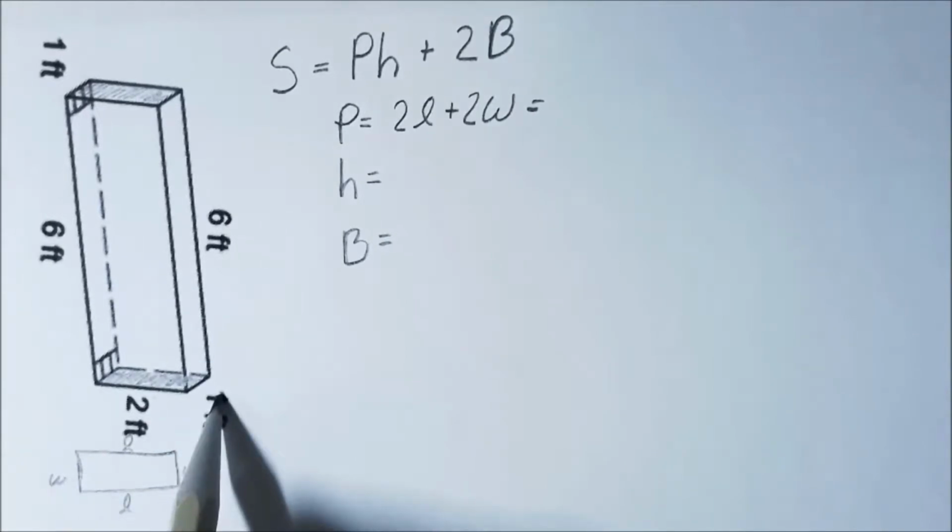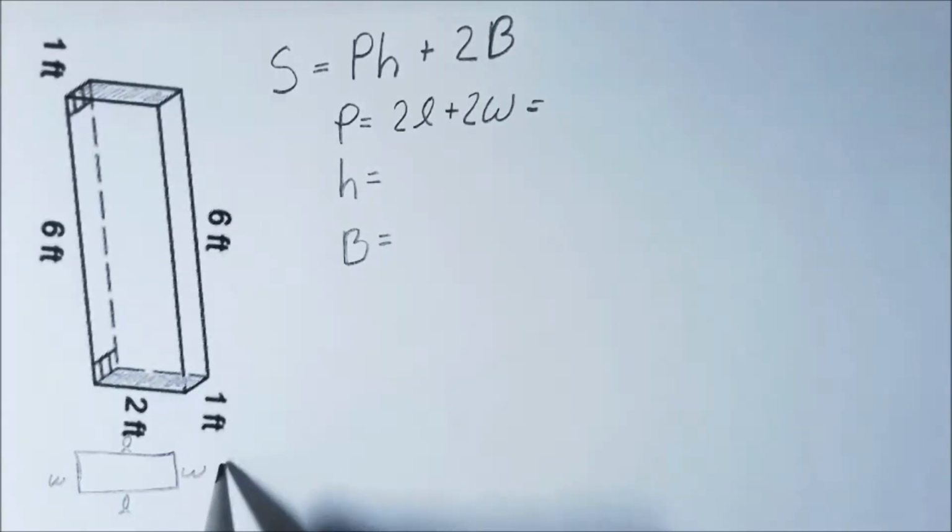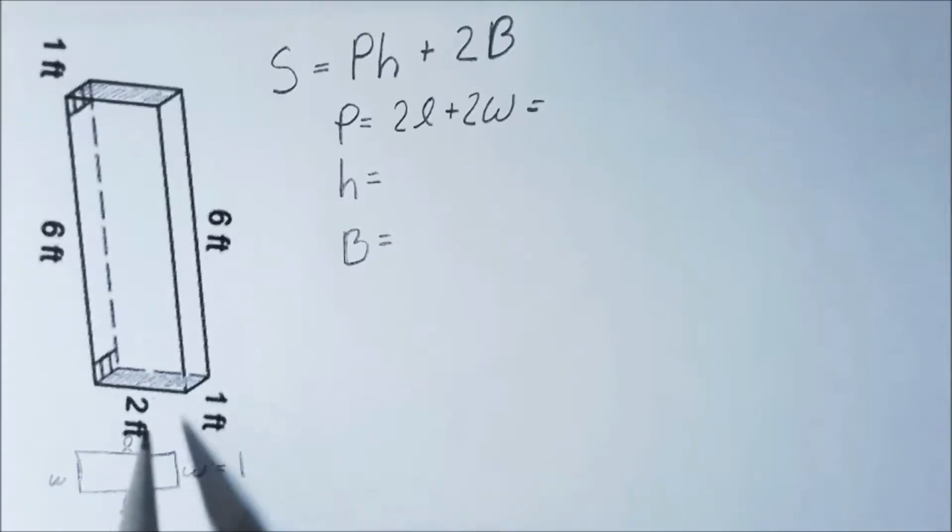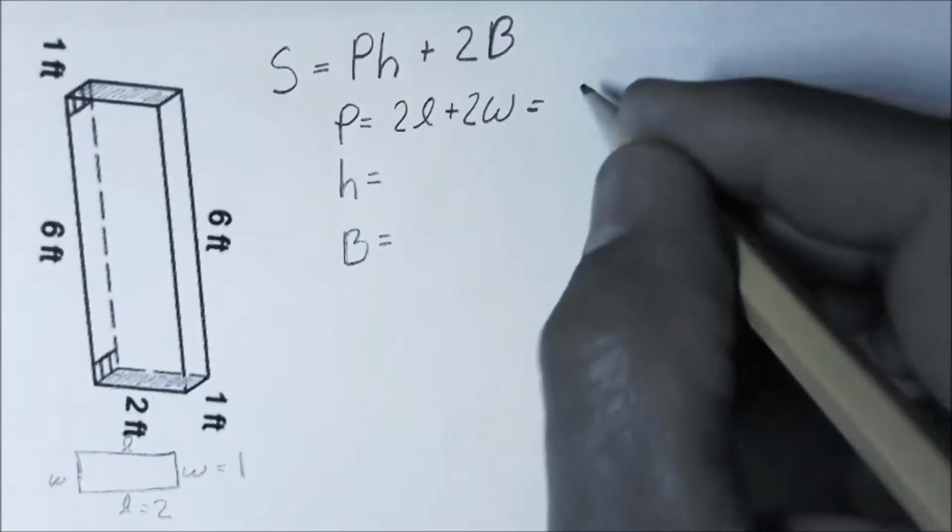So if we go back down, we say, well, what is our width? And if we look right here, it says it's 1. So our width is equal to 1. And then our length is this side right here. And if you notice, it's equal to 2. And this is in feet. So we can go ahead and plug that in.